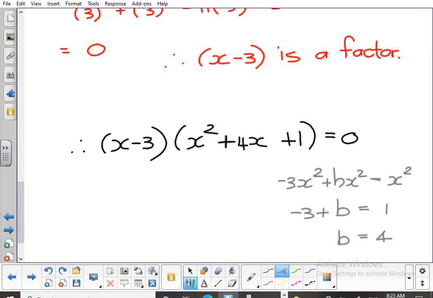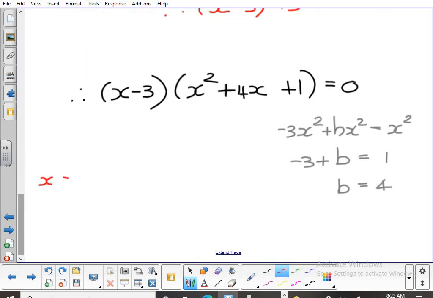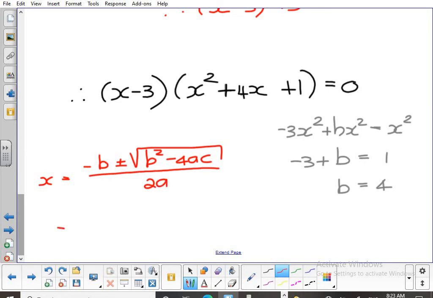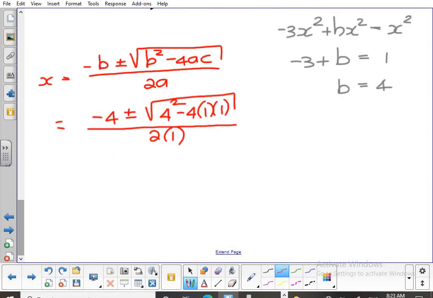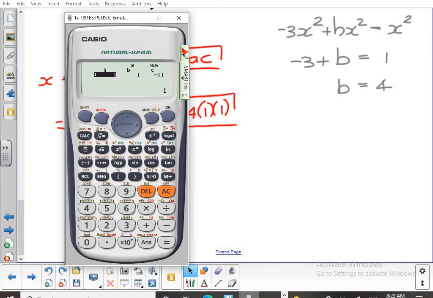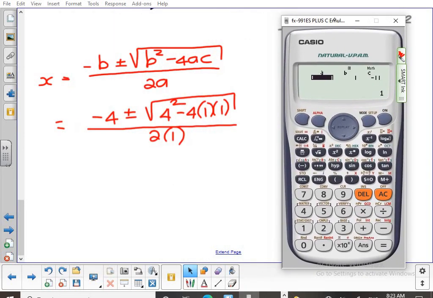So I'm going to go into my formula. x equals negative b plus minus the root of b squared minus 4ac, everything over 2a. So negative b would be minus 4 plus minus the root of 4 squared minus 4 times 1 times 1, over 2 times 1. And then I grab my calculator and I say, alright, let's move it across.